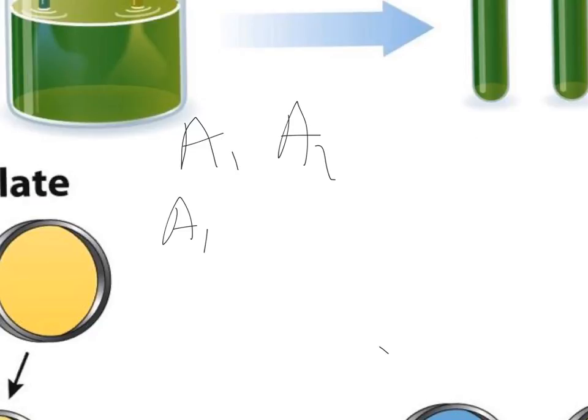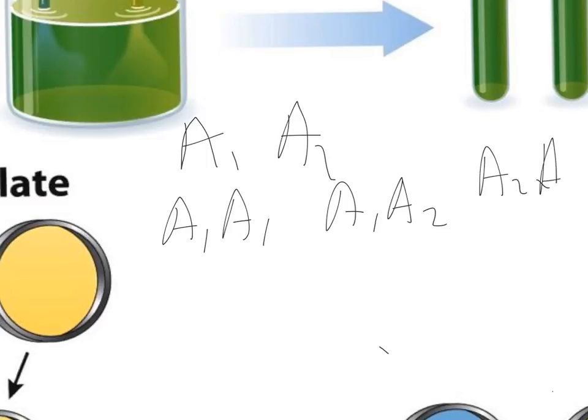We have A1 A1, A1 A2, and then A2 A2. Okay?